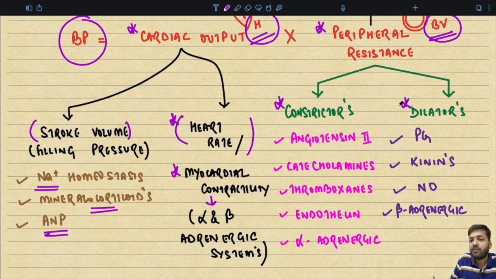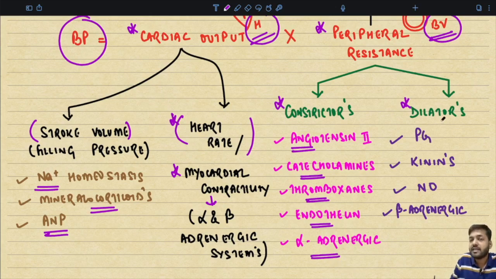What are some of the factors causing constriction at the level of the arteriole? They are angiotensin 2, release of catecholamines, thromboxanes, endothelin, and alpha adrenergic agonists. All these cause constriction of the blood vessels, and therefore they increase the peripheral resistance, and therefore they will increase the blood pressure.